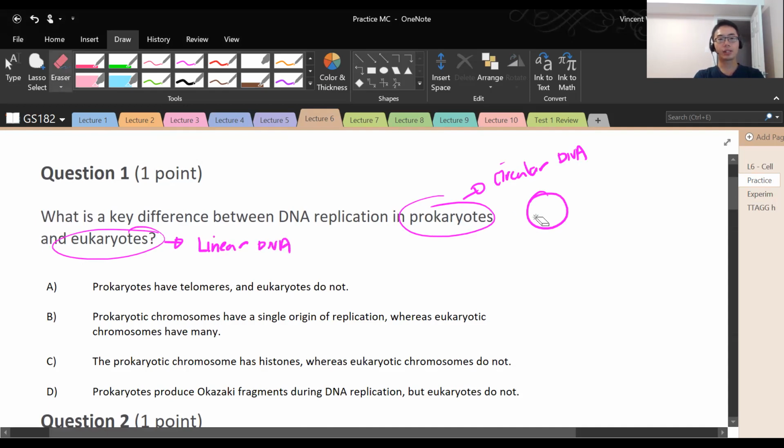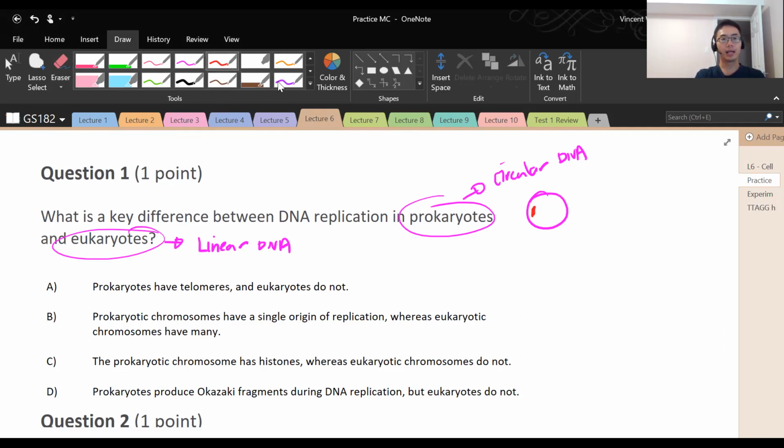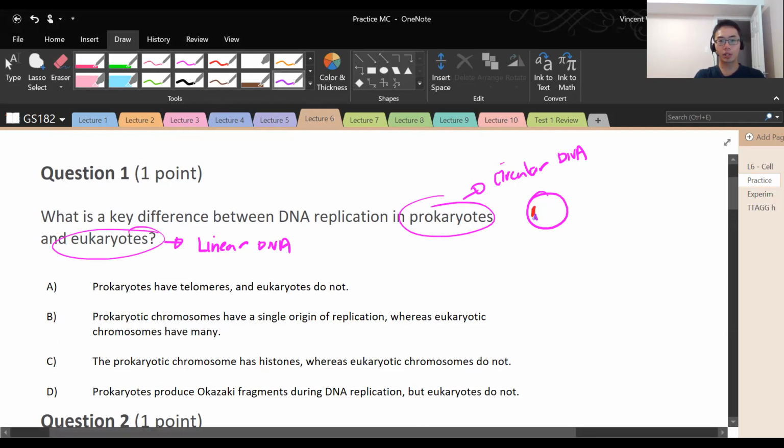Because it's circular, they don't have the problem of eroding the ends of the DNA every time they replicate. Let's say they put a primer here. Then they replicate, it starts here, goes a full loop, and goes back on itself and takes these things off.